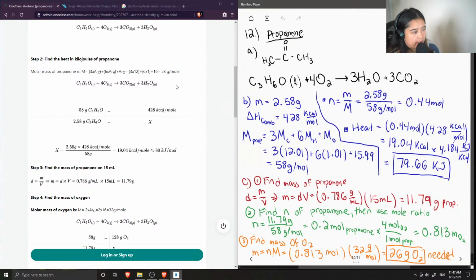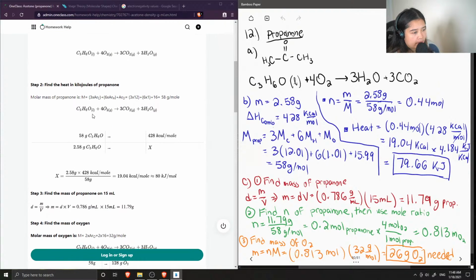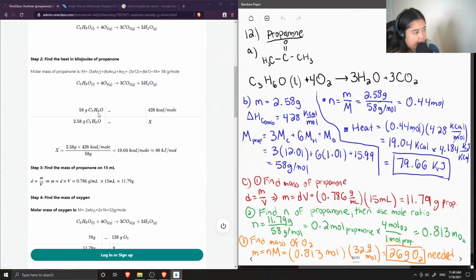So they calculated molar mass to be 58. And then they showed that 58 grams of the propanone will produce the 428 kilocalories per mole.